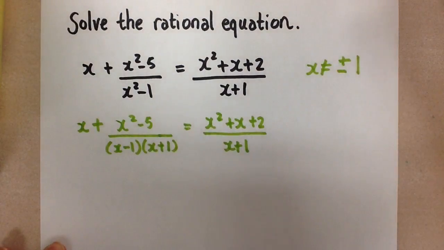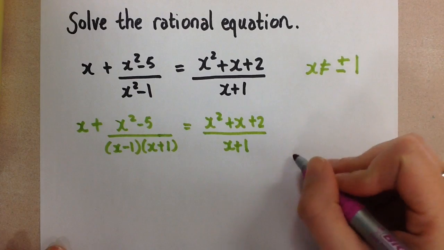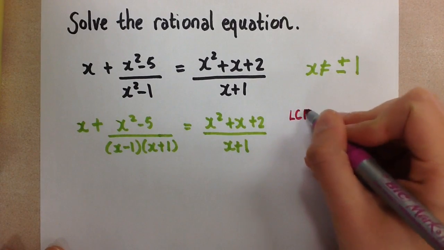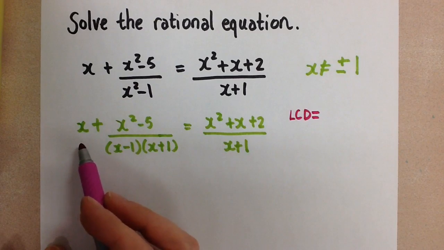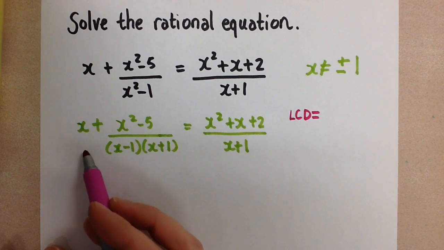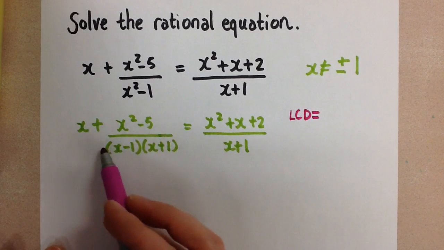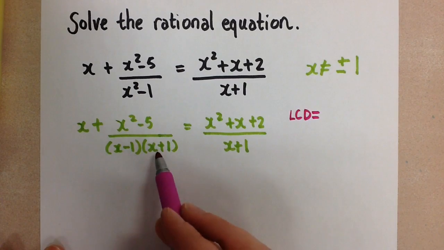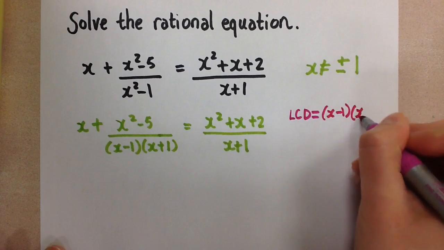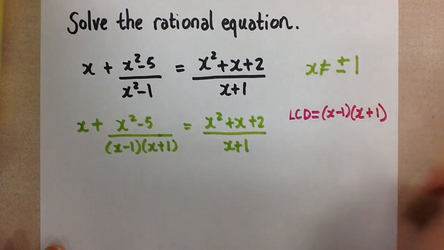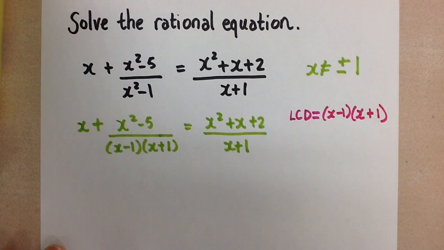So our lowest common denominator, I'm going to write it here, we have to look at all of the factors that exist in the denominators. Here the denominator is 1, we're not going to worry about that. For this one, the denominator is (x minus 1)(x plus 1). So we know we need to have an x minus 1 factor and an x plus 1 factor in the lowest common denominator.